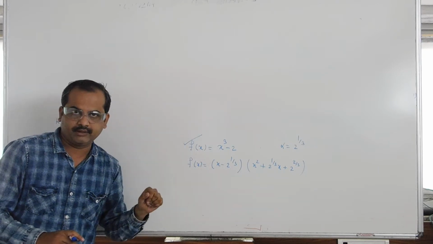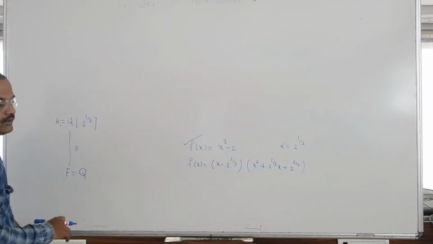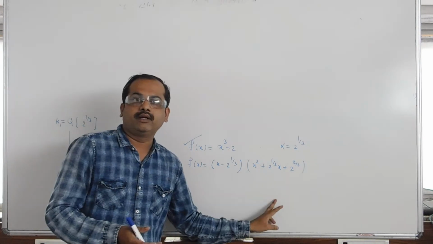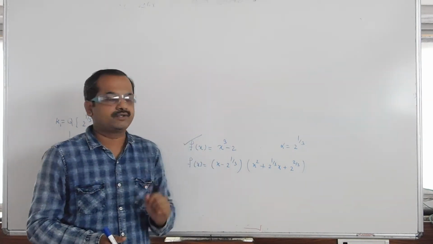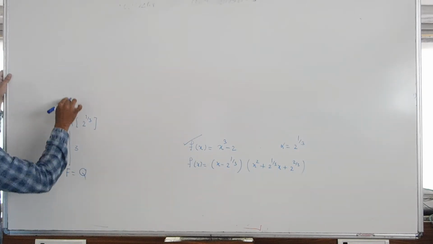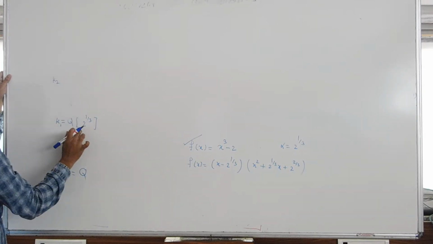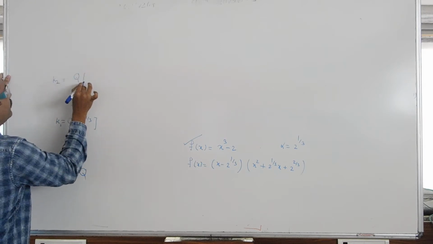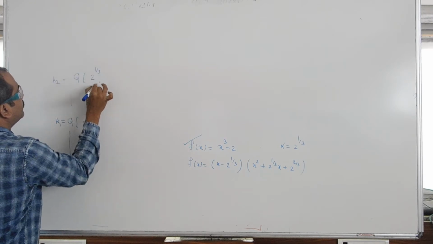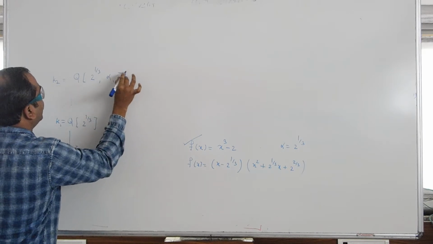They are complex roots. Let us call it alpha. If alpha is a root, you know that complex roots come in pairs, so alpha bar is also a root, and we will attach that root to this one. So what is your K2? Q of 2 raised to 1 upon 3, alpha bar.